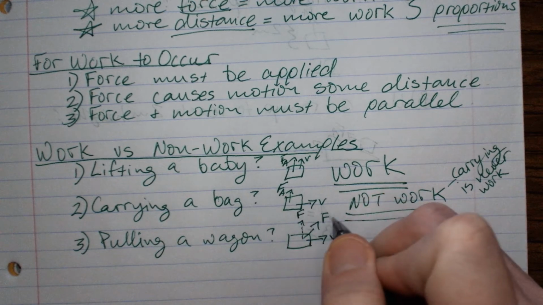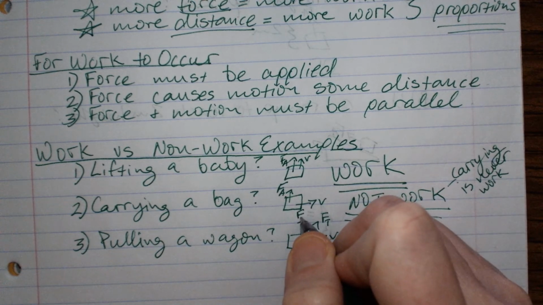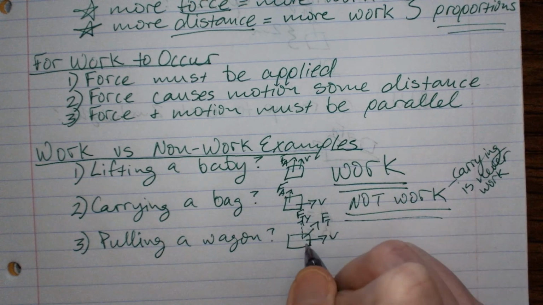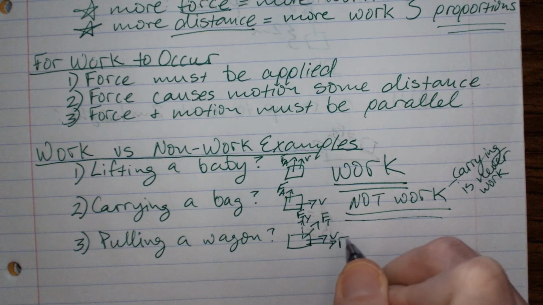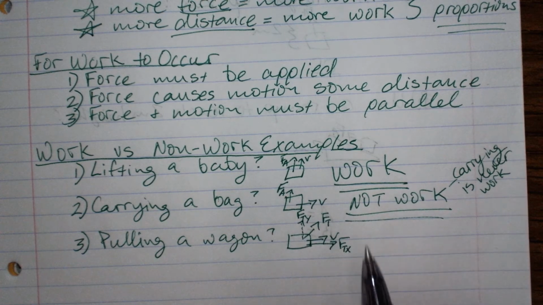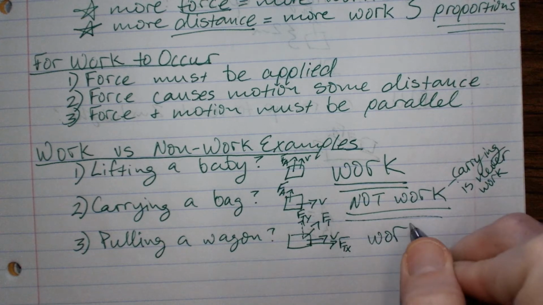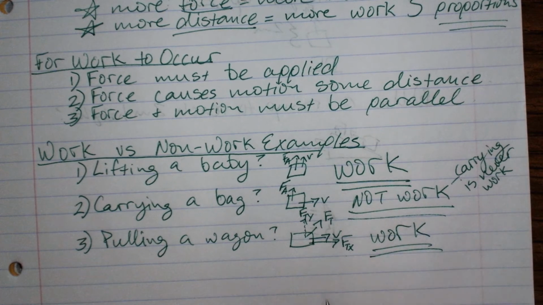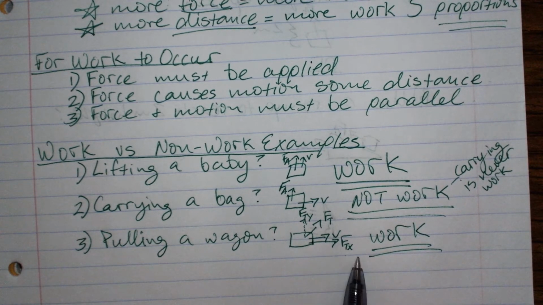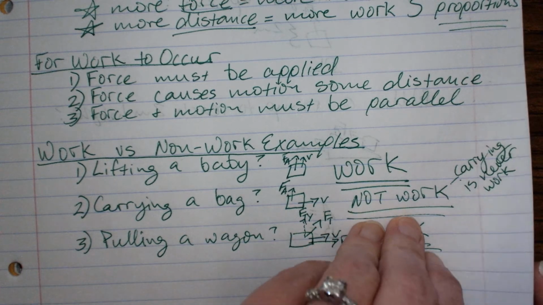We'd have a tension force maybe. So you'd have tension in the Y and tension in the X, because tension in the X and the displacement are going in the same direction. This is work. It's not doing any work vertically, it's only doing work horizontally, but that's work. They're going in the same direction.